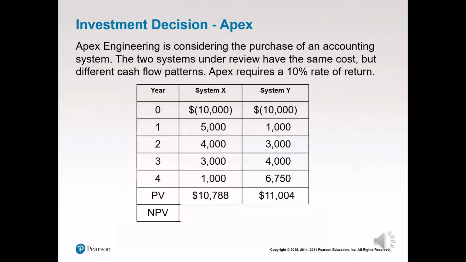Here we can see the present value of each of our different project options. System X has a present value of $10,788, and System Y has a present value of $11,004. Now we can calculate our net present value by subtracting the initial cash outlay in year 0 from these amounts.